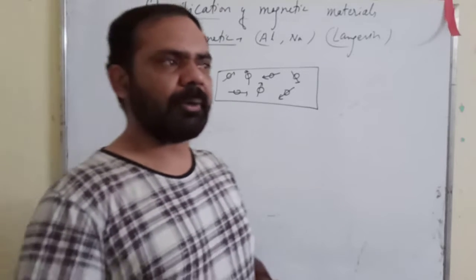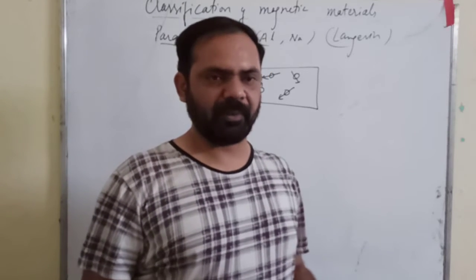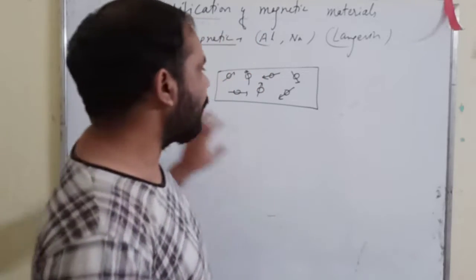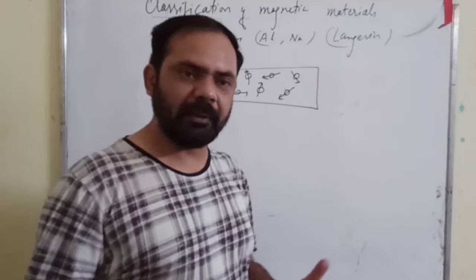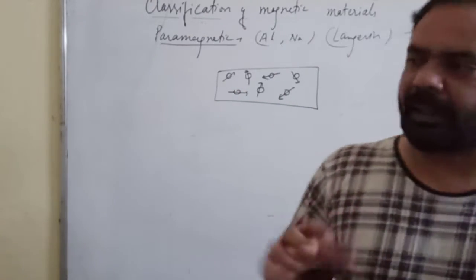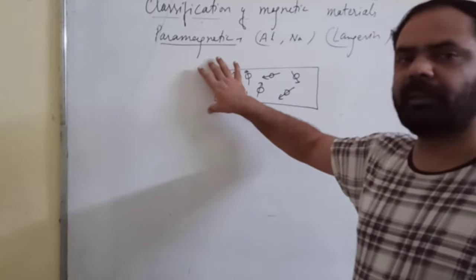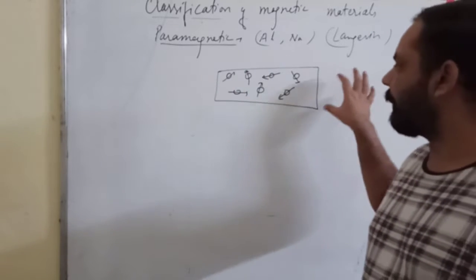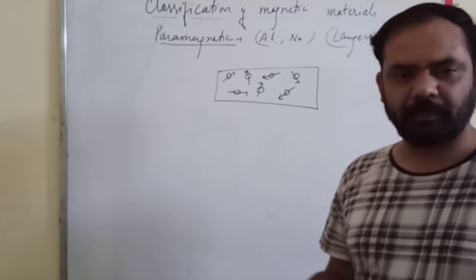Before placing them inside an external magnetic field, they have individual dipole moments but are randomly directed such that the average dipole moment becomes 0, and hence they behave like a non-magnetic material.